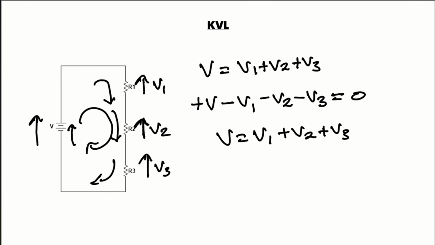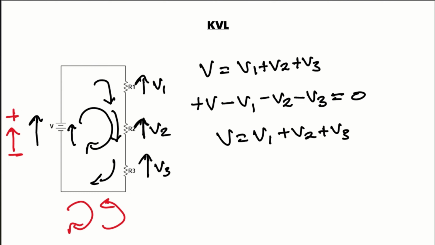Now you might be wondering how to define the direction of the arrows. For loops, you can put either clockwise or anti-clockwise direction. But for the voltage across the power source or across a resistance, you always have to put the arrows from low potential to high potential, like this.